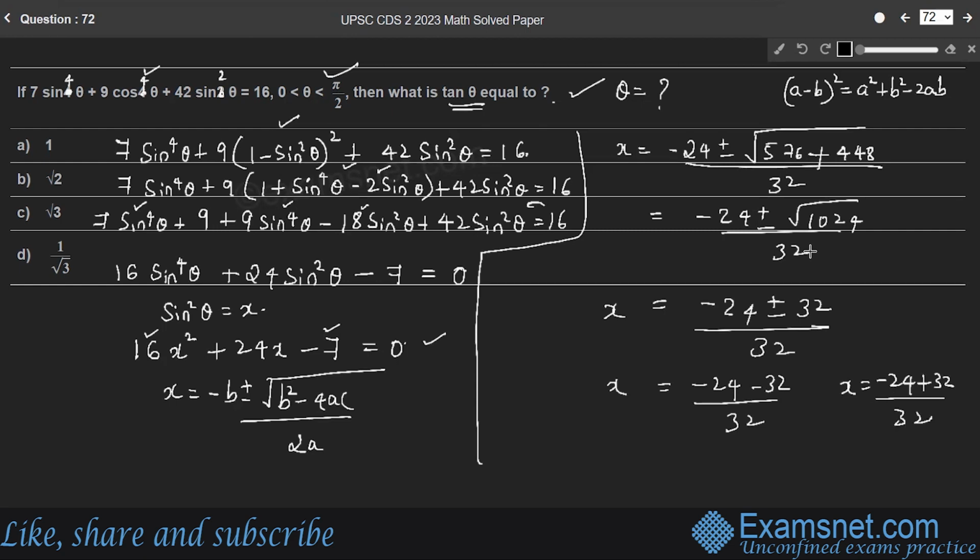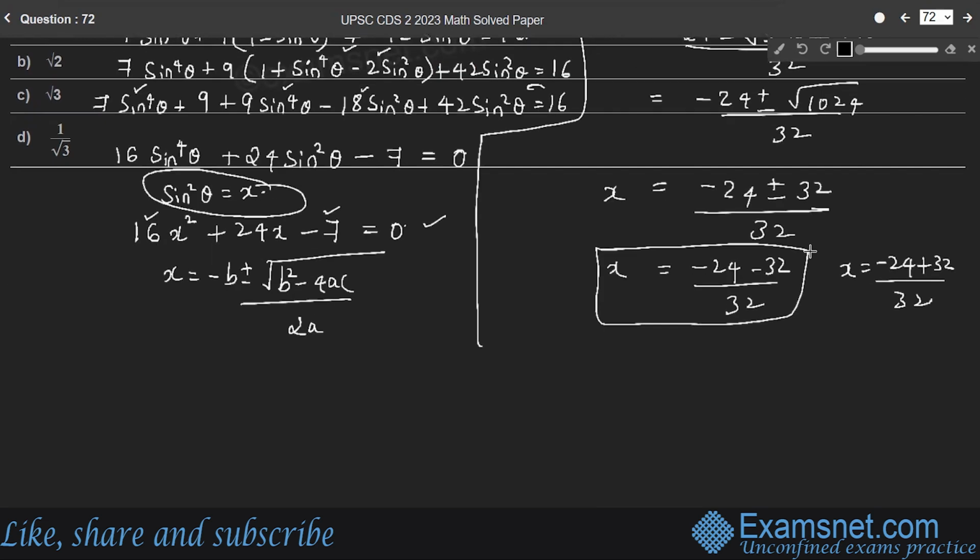Right? So we cannot have x as negative, because according to our assumption, x was sine square theta. So square of a function cannot be a negative number. So we cannot take that. Therefore, x is equal to sine square theta is equal to minus 24 plus 32 by 32.